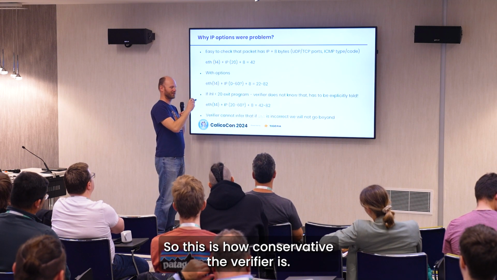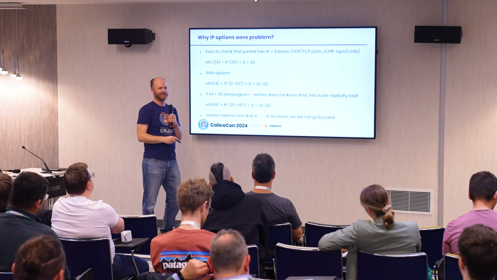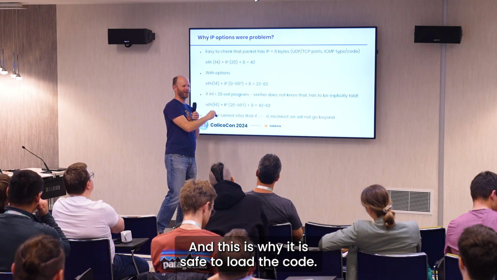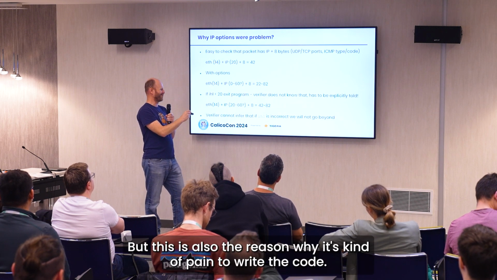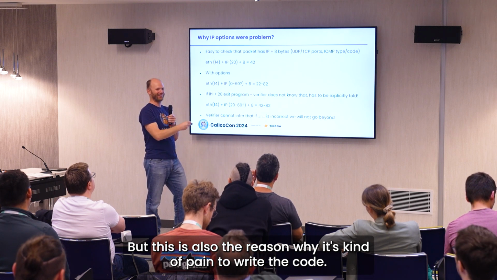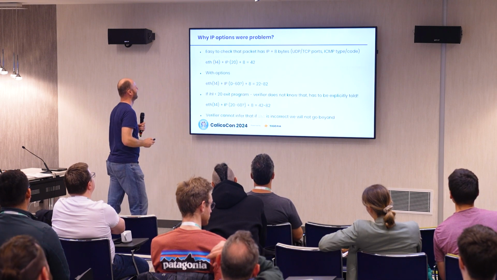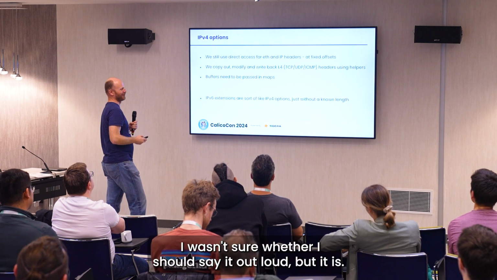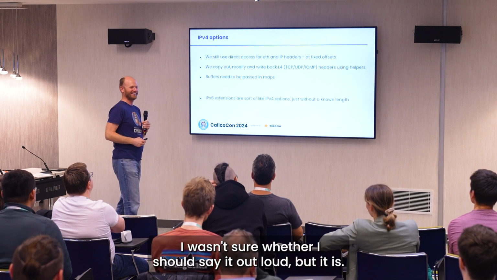So this is how conservative the verifier is. This is why it is safe to load the code, but it's also the reason why it's kind of a pain in the ass to write code. I wasn't sure whether I should say it out loud, but it is.